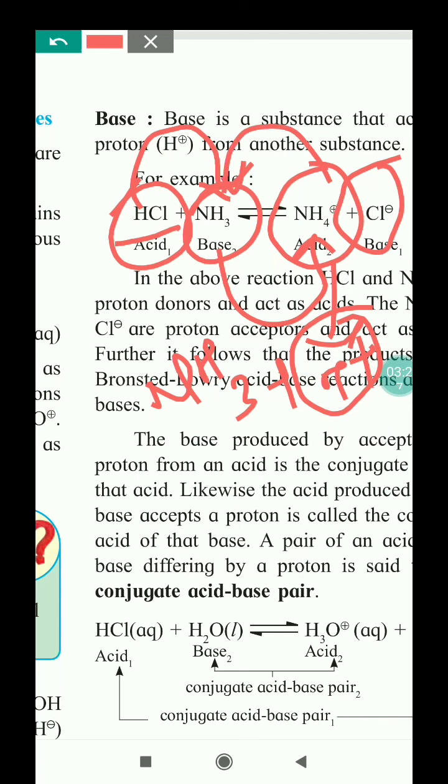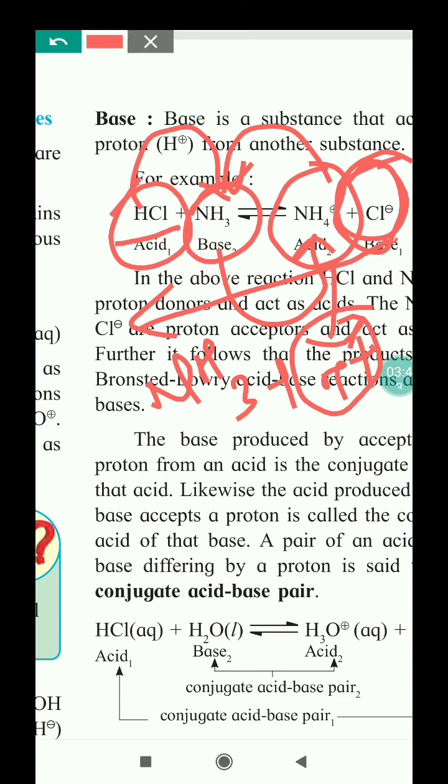On the other hand, the acid donates a proton and forms the Cl negative ion. Now this Cl negative ion is ready to accept a proton, so it is a proton acceptor and therefore acts as a base.